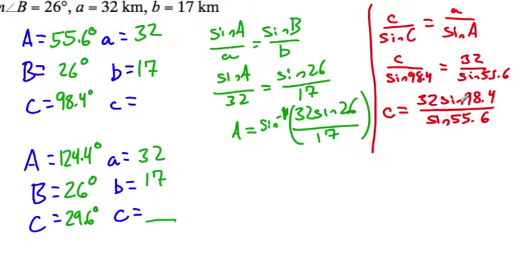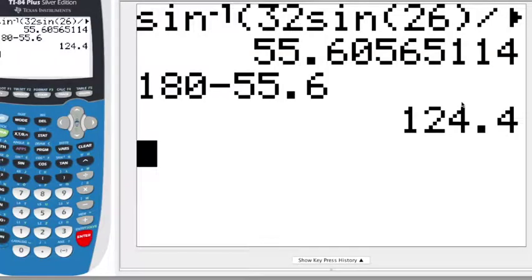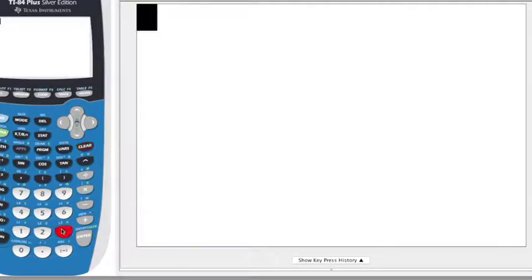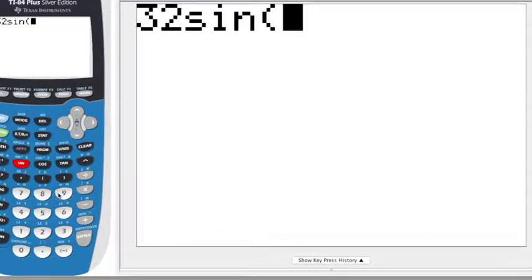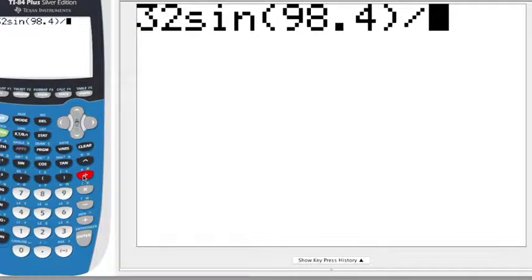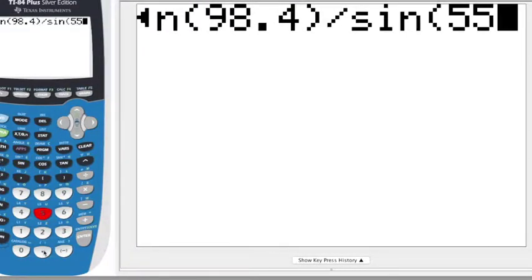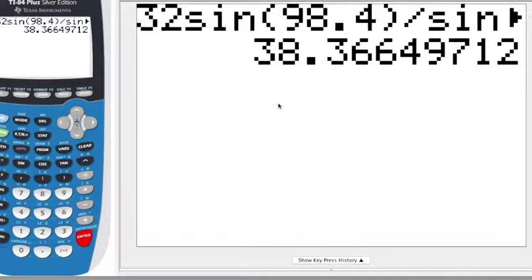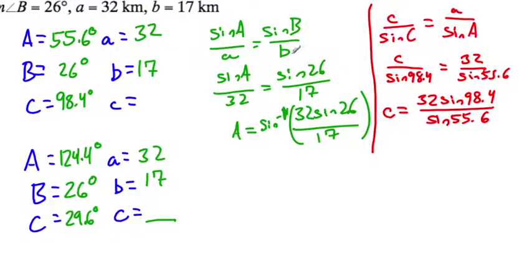So there's a lot to be done here, so I'm just going to put that all into my calculator. So I have 32 times the sine of 98.4, and I'm going to divide that by sine of 55.6, close my parentheses, and I get that side C is 38.4. So C is 38.4.